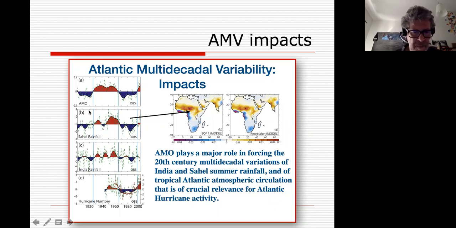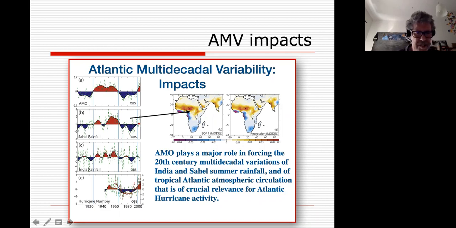We can see that the AMO plays a major role in forcing the 20th century multidecadal variation of India and Sahel summer rainfall. You see, Sahel has a very nice correlation with the AMO just by looking at the two plots, see the negative and the positive phases quite well matched in the two cases.